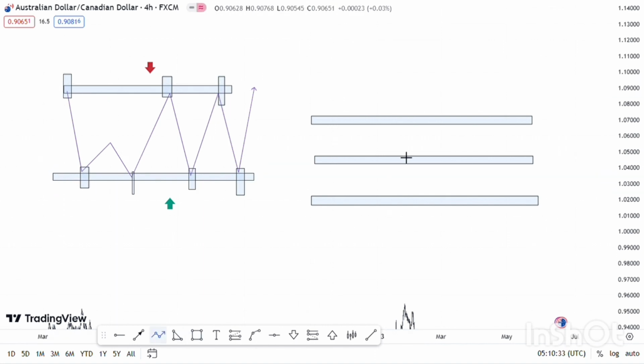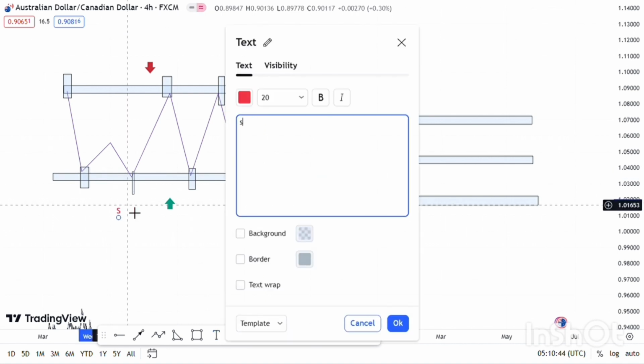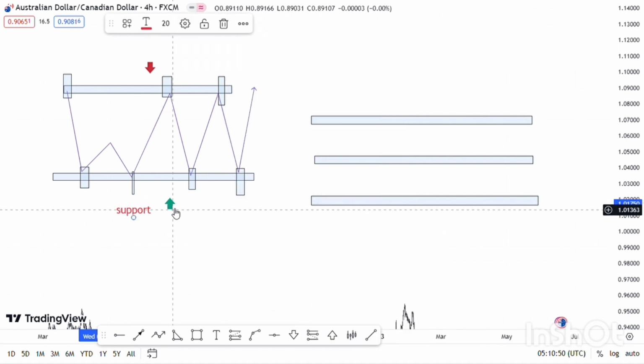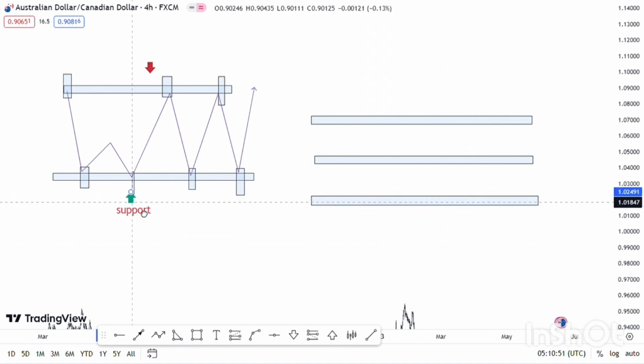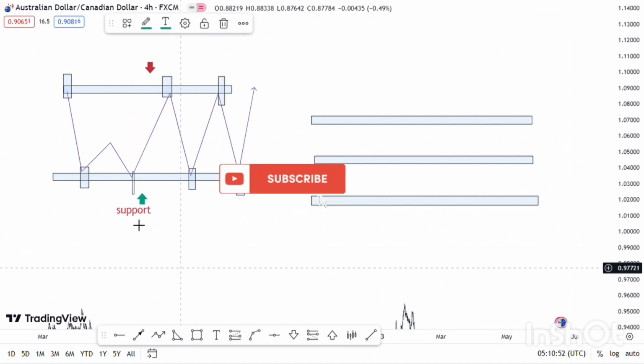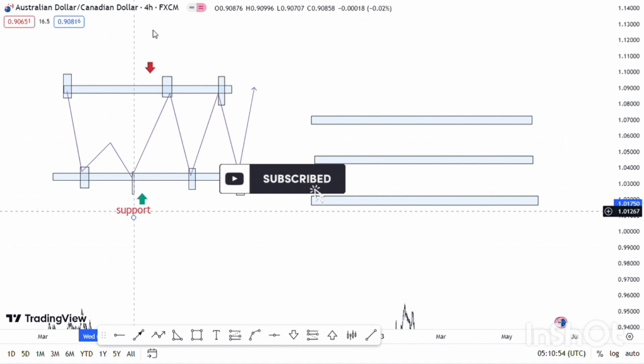And then let me just write it down. This one is a support. Let me change the color to blue.